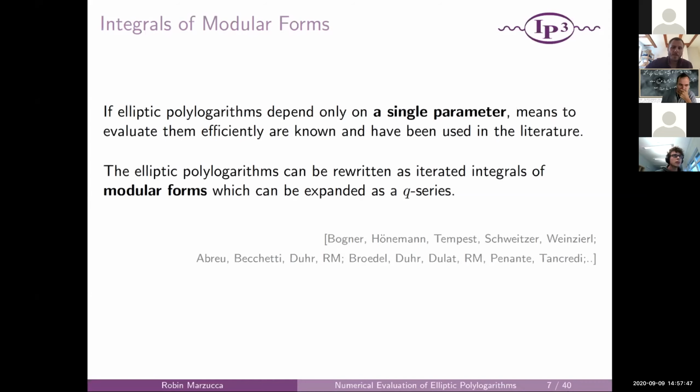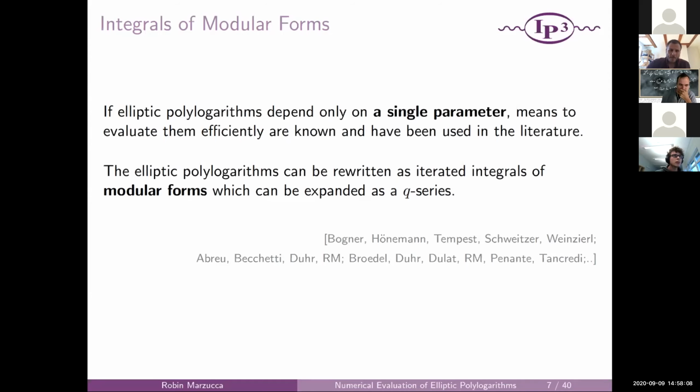And then this q-expansion you can evaluate numerically. This has been done by many people before, and I've certainly not managed to find all of them, so there are just a few dots here. And our goal is, in the end, to find something similar for elliptic polylogs.